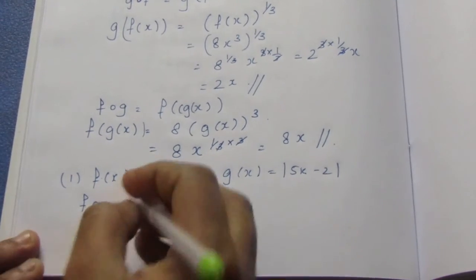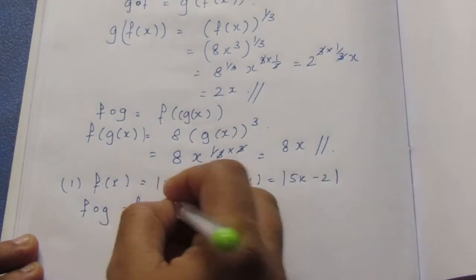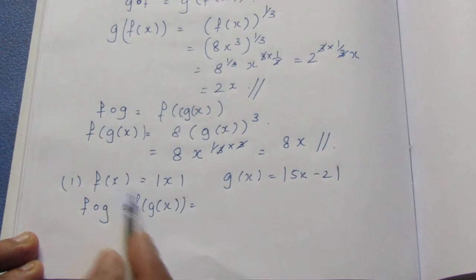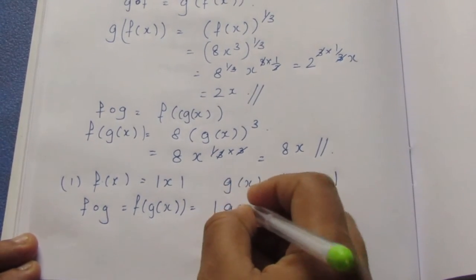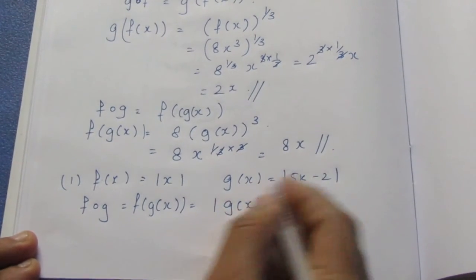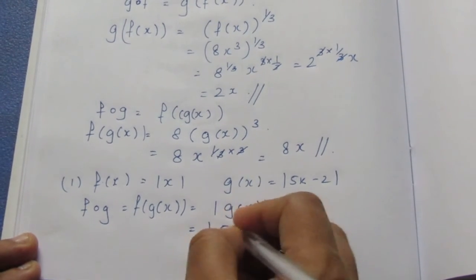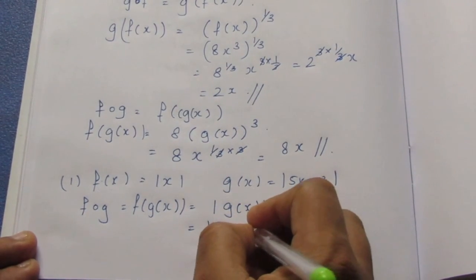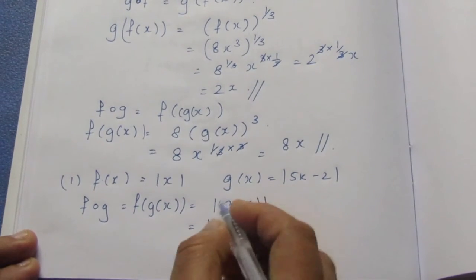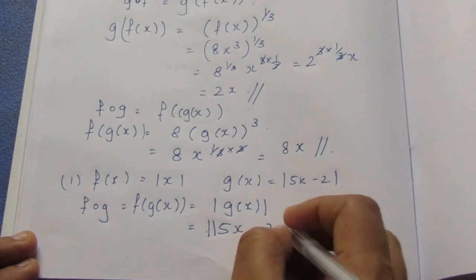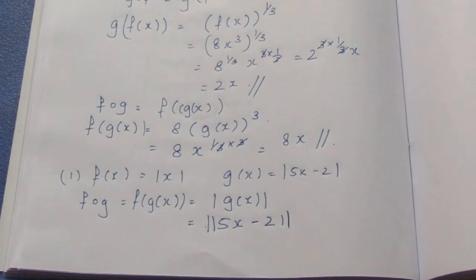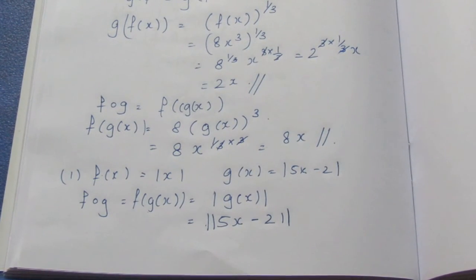Now in the place of x, write g of x. So the g of x value we know is mod 5x minus 2. So it is mod of mod 5x minus 2, which is your final answer for the first subdivision f composite g.